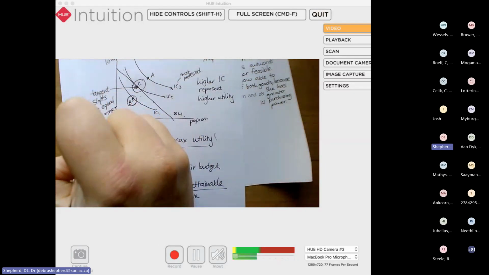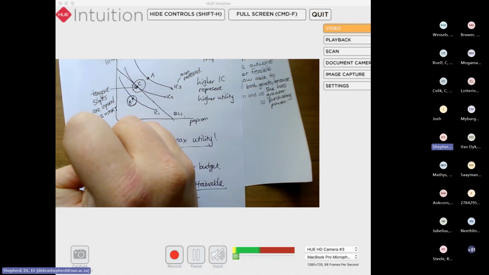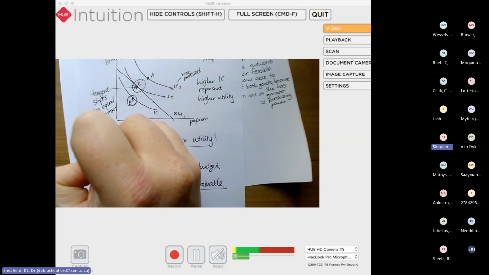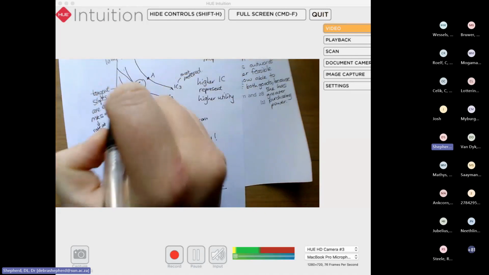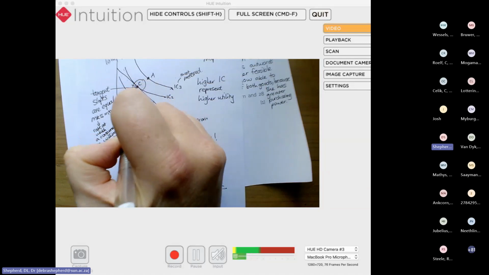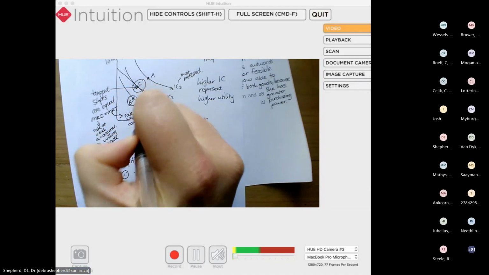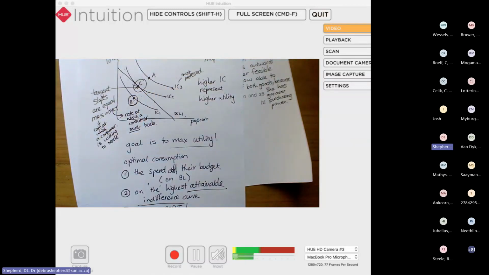So the MRS represents the rate at which a consumer is willing to trade, so to substitute. And the MRT represents the rate at which a consumer must trade. Okay, so that's what happens when they are equal.